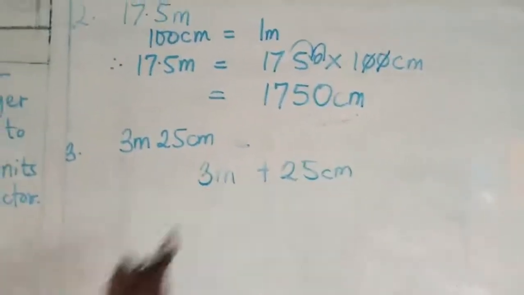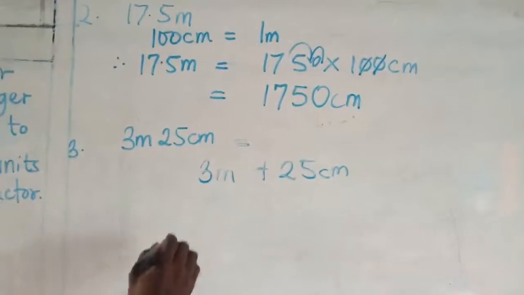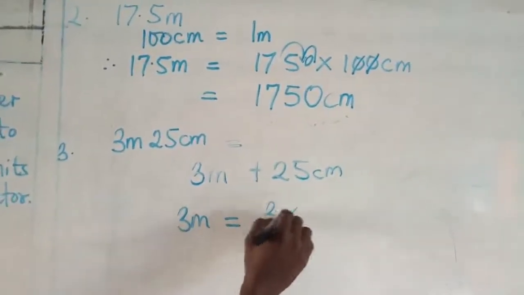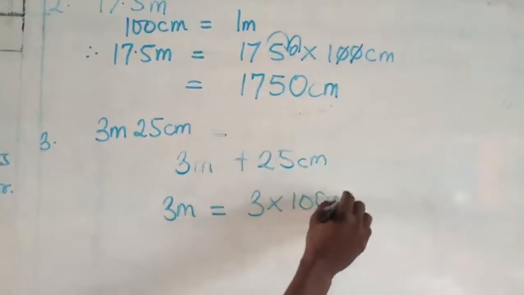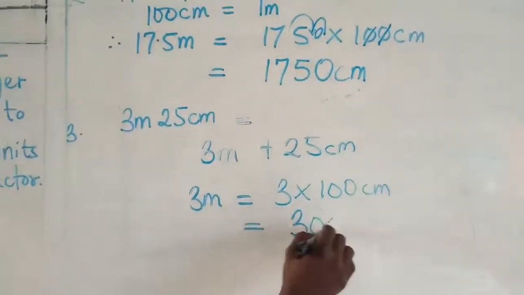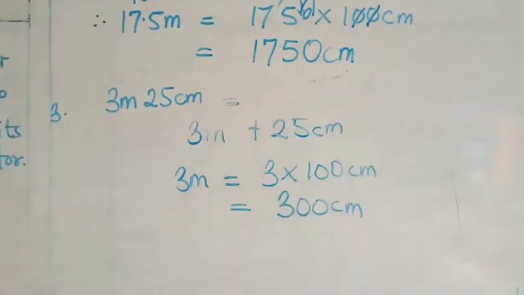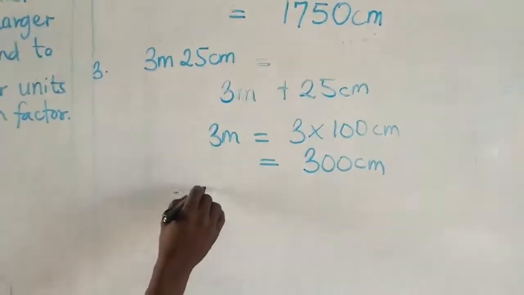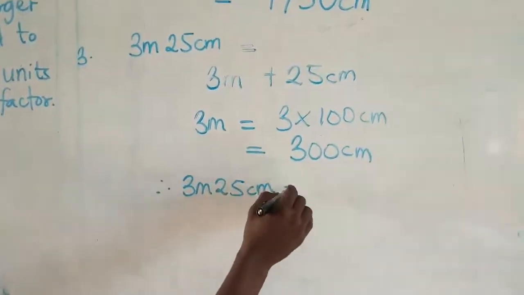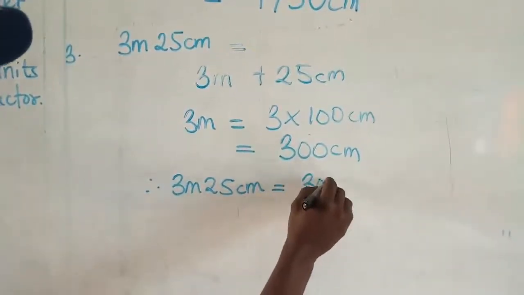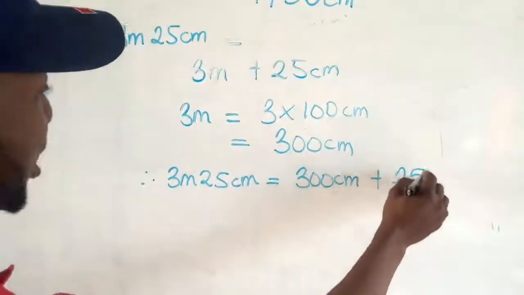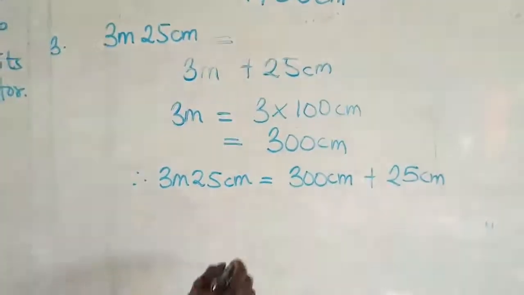Then we change these meters to centimeters. 3 meters is equal to what? 3 times 100 centimeters, which is what? 300 centimeters. Therefore, 3 meters 25 centimeters is the same thing as 300 centimeters plus 25 centimeters.